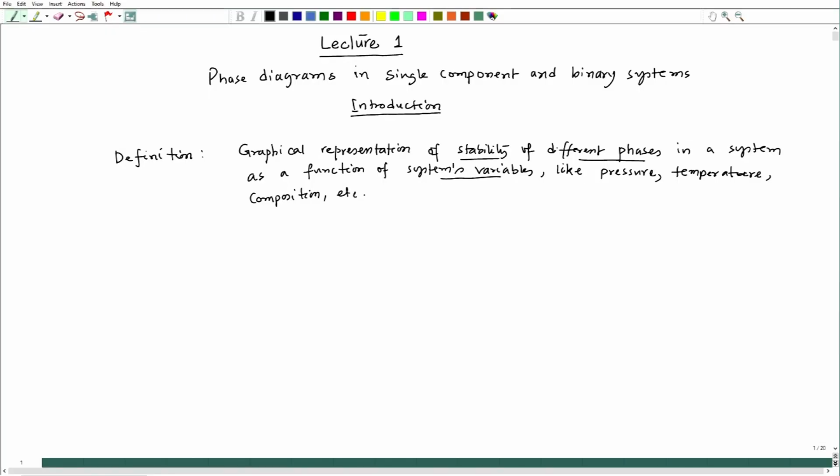So, finally, we will see that the actual variable will be, instead of composition, chemical potential. We will take chemical potential as one of the important aspects while drawing phase diagrams, or rather in order to decide stability of a phase or a combination of phases in a system.